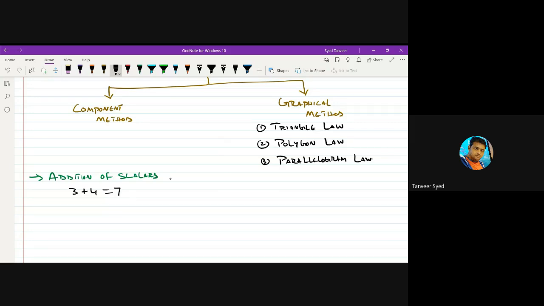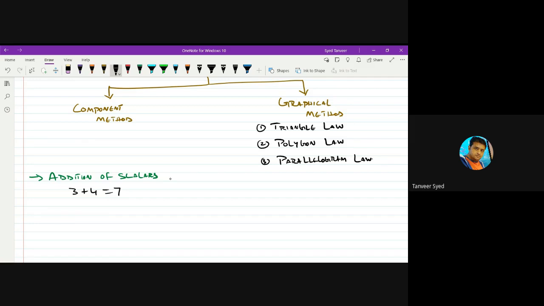These 3 and 4 can be 3 meter and 4 meter displacements, or 3 meter per second and 4 meter per second velocities, or 3 Newton and 4 Newton forces.